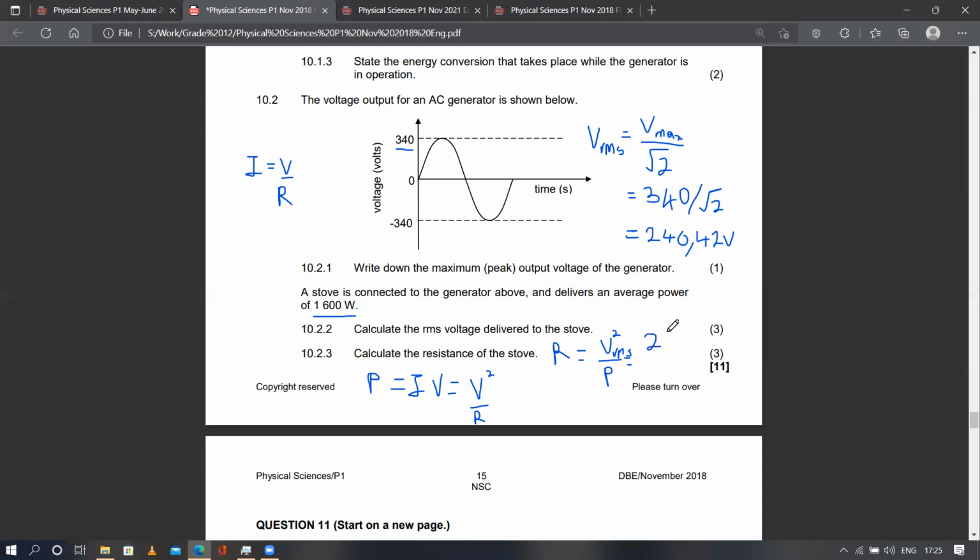So you're gonna have 240.42, the whole thing squared, divided by 1,600 watts. 240.42 squared divided by 1,600 gives you a resistance of 36.13 ohms.